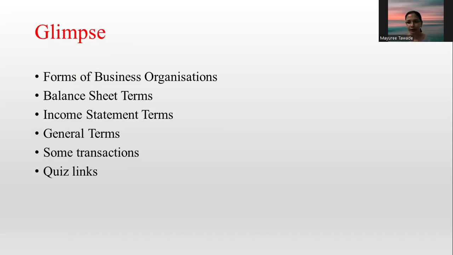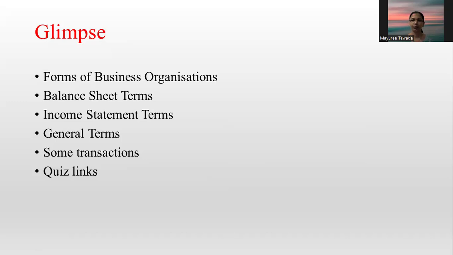So the glimpse of video number 2, which we are doing today. First, we are going to see what the forms of business organization are. In the first video, I cleared the concept of debit, credit, and all.